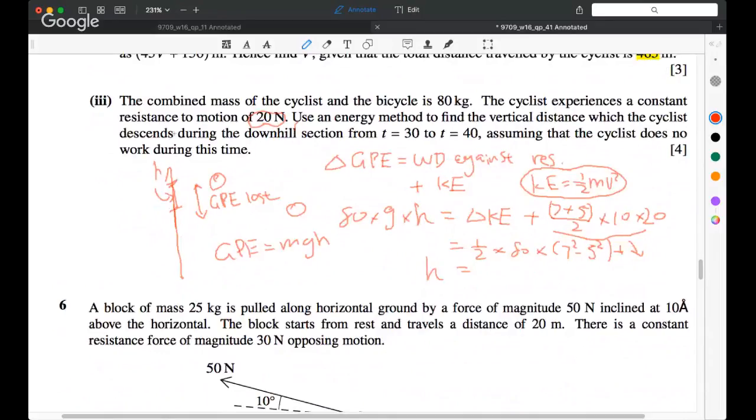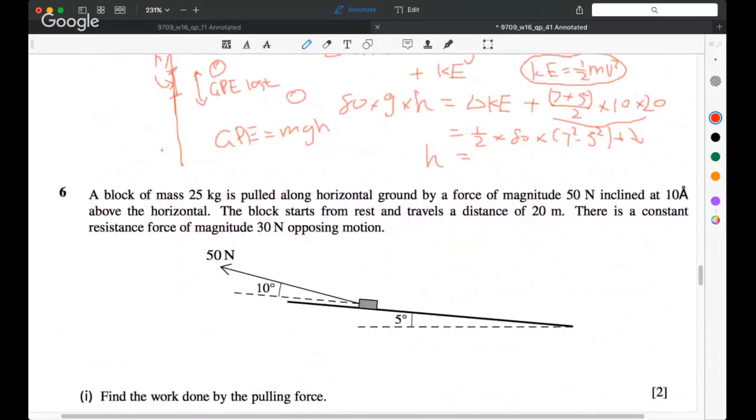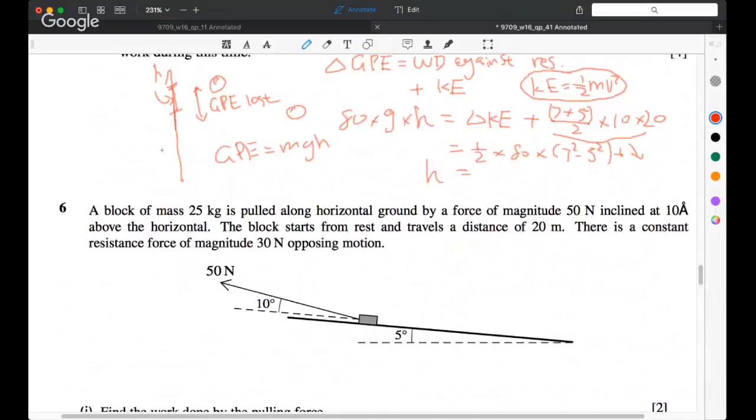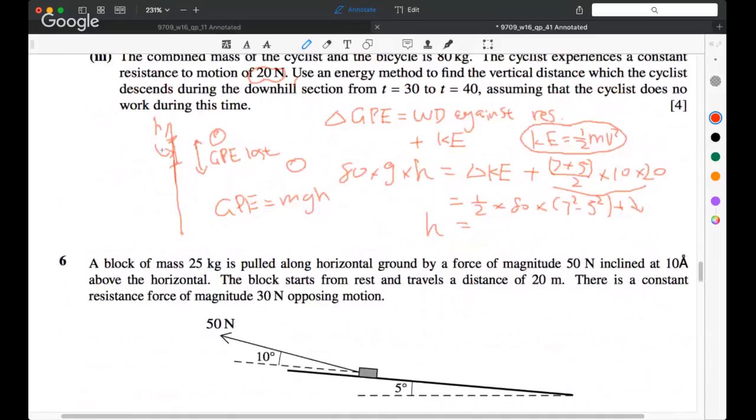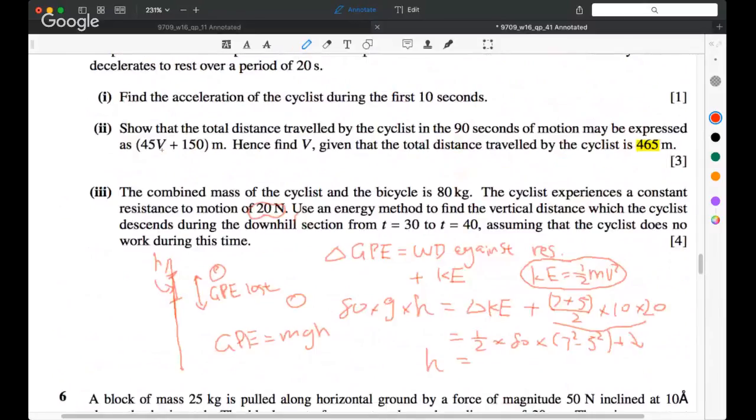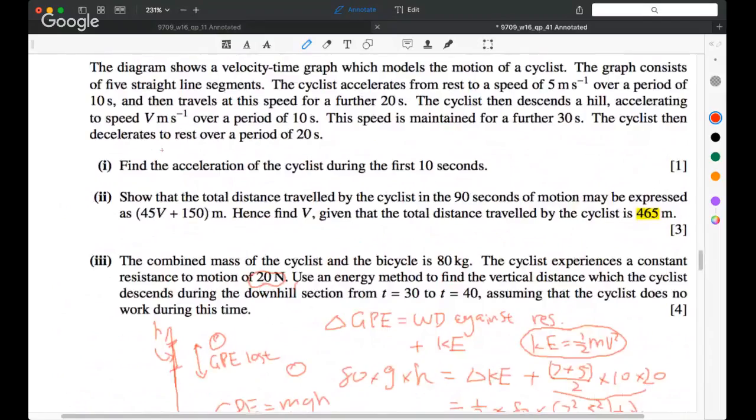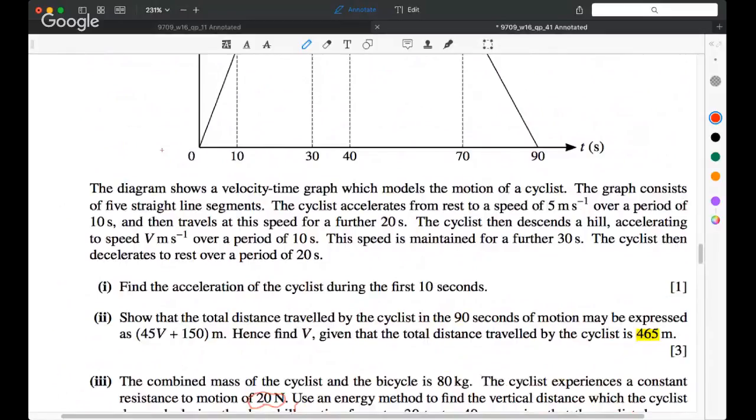So coming to question 6. So maybe we should take some time to explain what I meant by work done. So in motion, we have different quantities affecting motion.